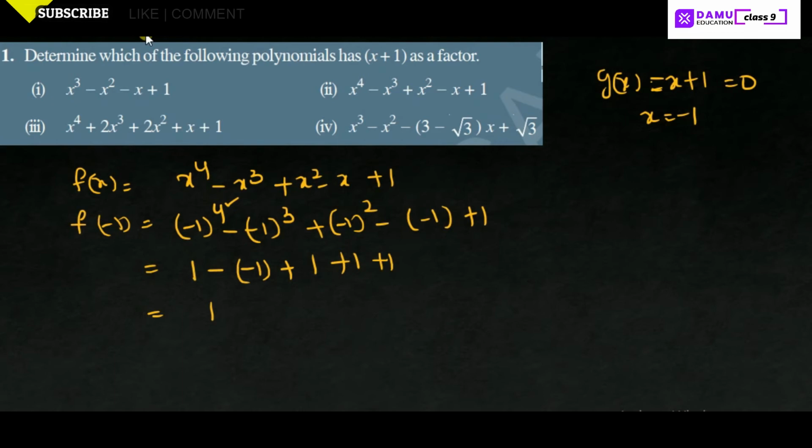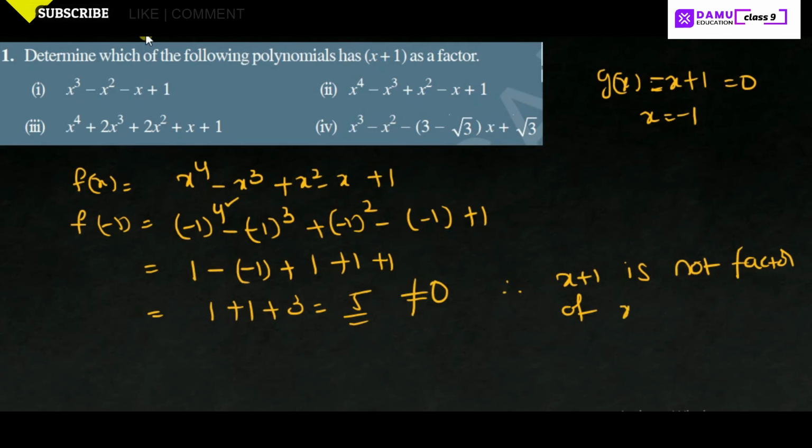So it is 1 plus 1 plus 1 plus 1 plus 1, and we get 5. So this is not equal to 0. Therefore x plus 1 is not a factor of x power 4 minus x cube plus x square minus x plus 1, because it is not equal to 0.